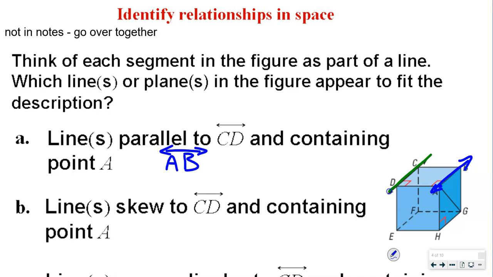But then for B, line or lines that are skew to CD and containing point A. So we're still containing point A, but going to be skew with line CD. So we can have AG and AH. They both contain point A, and they are skew to line CD.